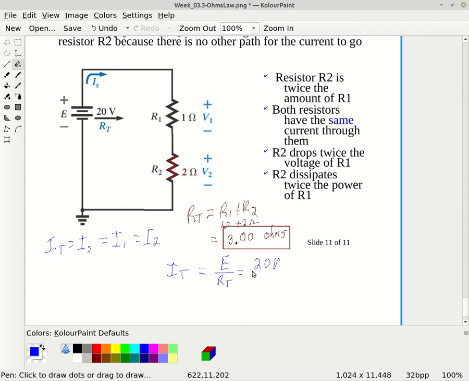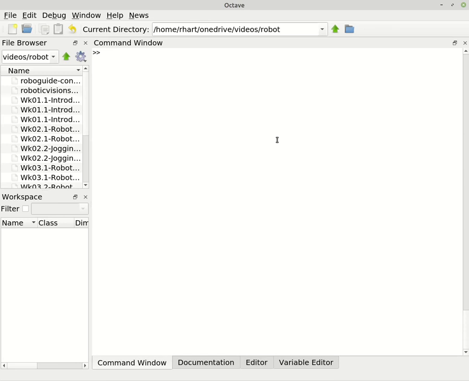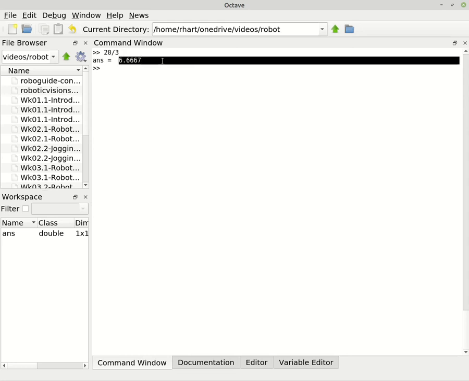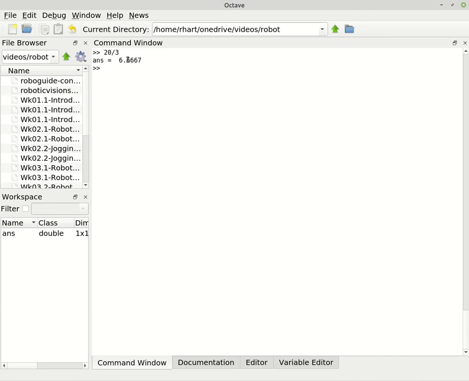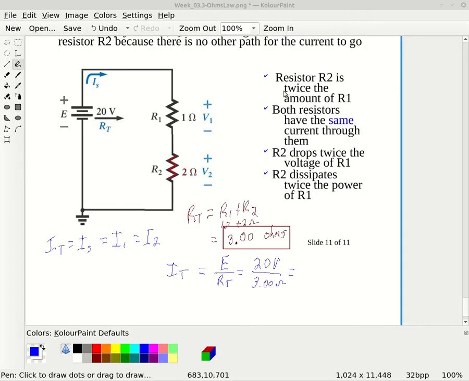So 20 volts divided by 3 ohms. And so then we can pop over to our calculator. So we'll take 20 divided by 3, which gives us 6.66666. Actually, if we took that further out, it's just this 6 just continues forever.